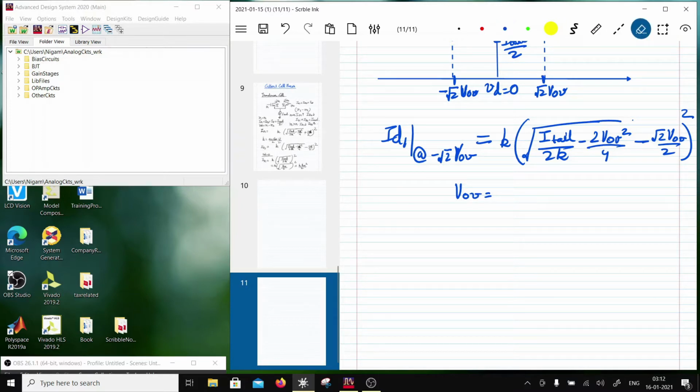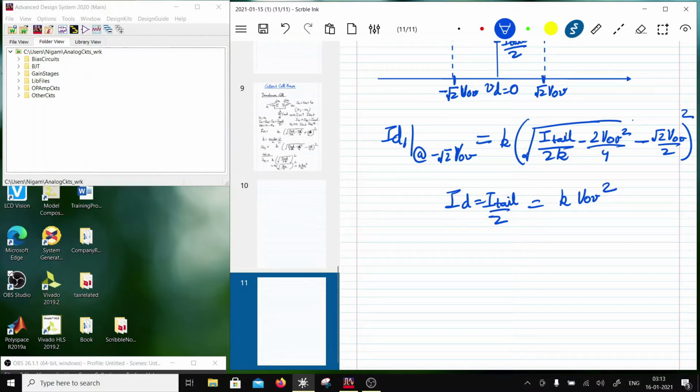The current Id, let's say I tail by 2, in terms of V overdrive is k times of V overdrive square.